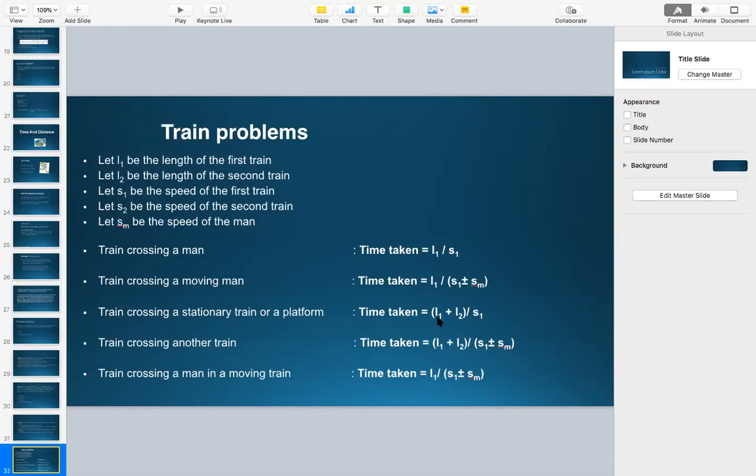So this is what your approach would be to find the time taken by the train to cross an object whose length is considerable with respect to the length of the train. Now you cannot ignore the length of that object with respect to the length of the moving train.